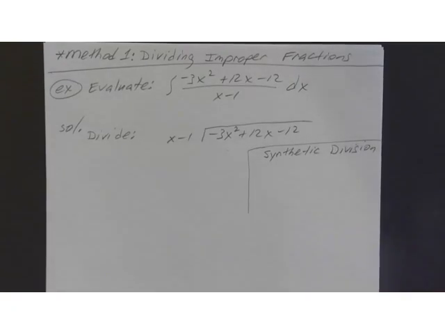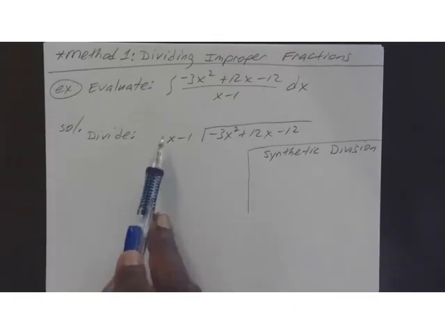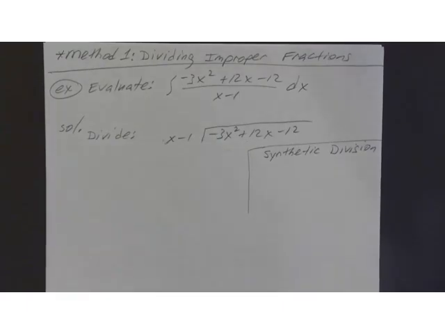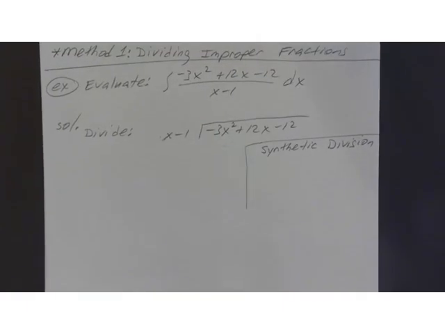Again, it's a lot faster, and I recommend using it whenever you have a divisor of that form.